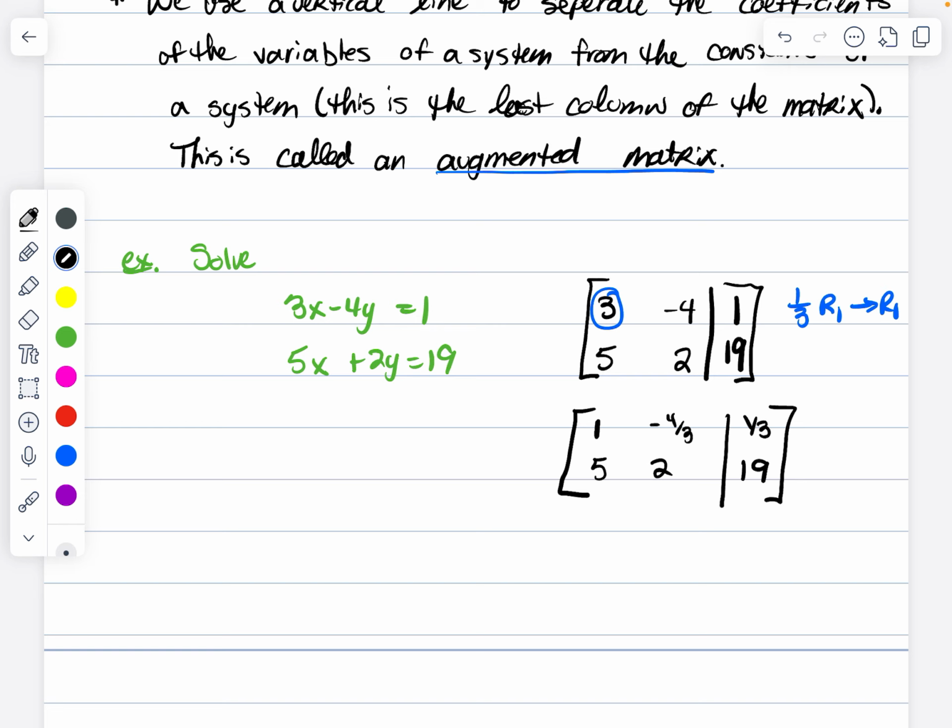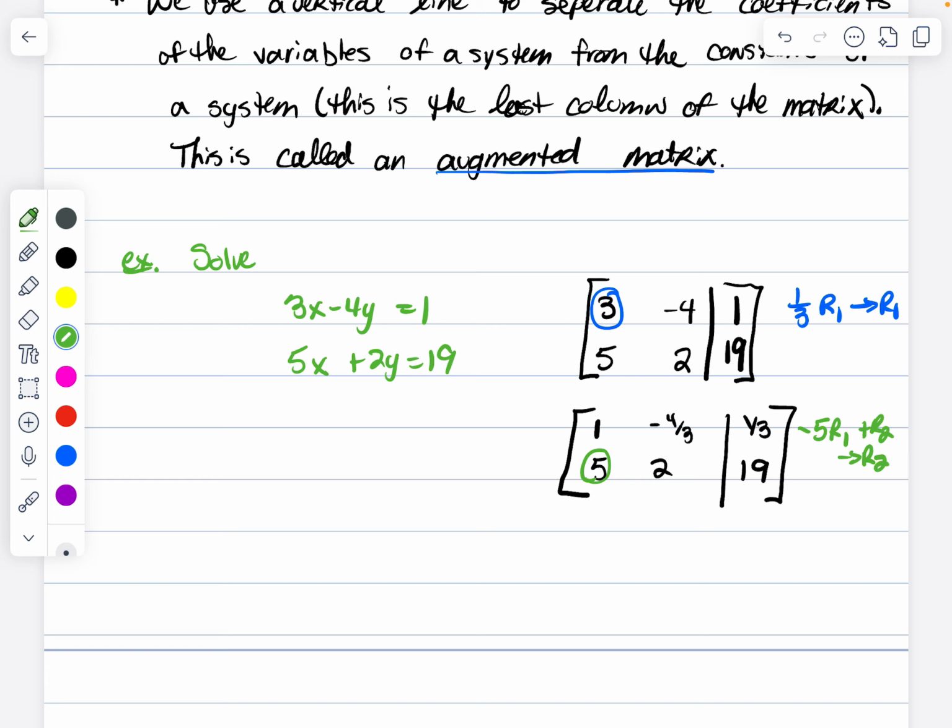From here, remember the goal now is to eliminate this 5. We can do that by multiplying our first row by -5, adding that to the second equation, and replacing it in the second equation.